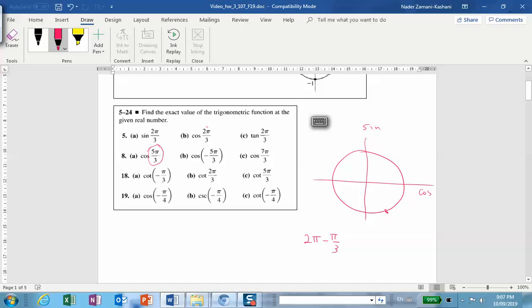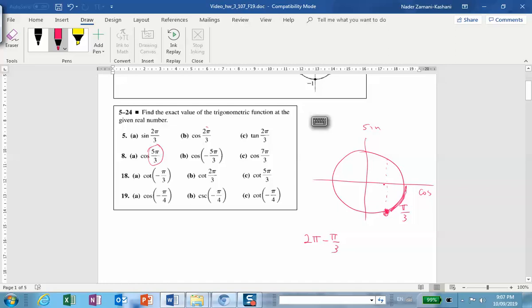This is the point that we're interested in. Now notice that the reference number for this is pi over 3. So if you know everything about pi over 3, and you do, you know its sine, you know its cosine, then you can write the answer to the question that we have with the appropriate signs. So look, cosine of this is the same as cosine of pi over 3, and the numerical sine is the same.